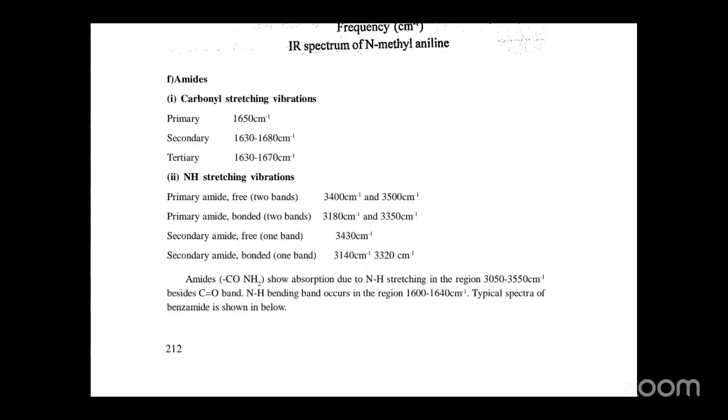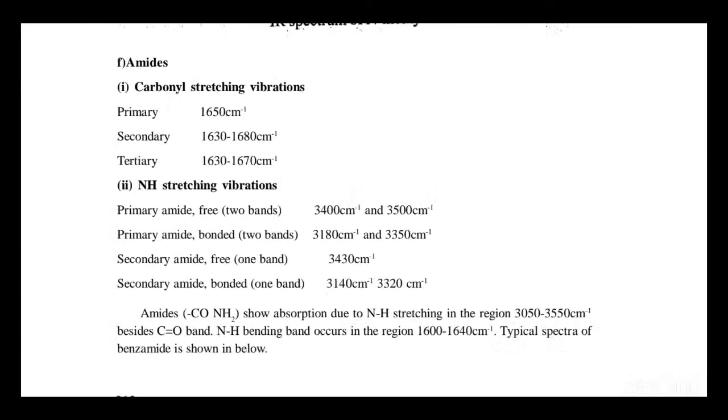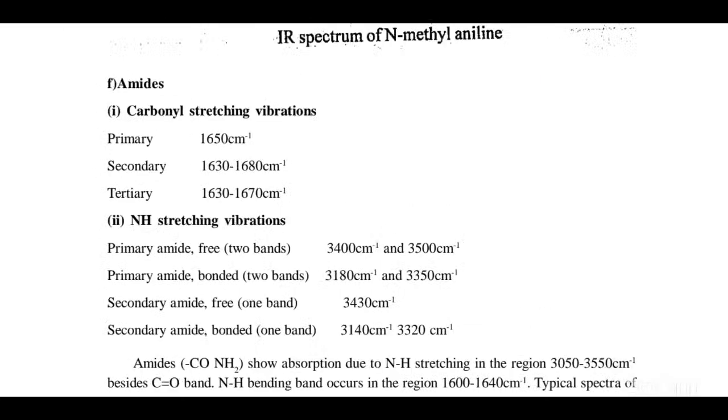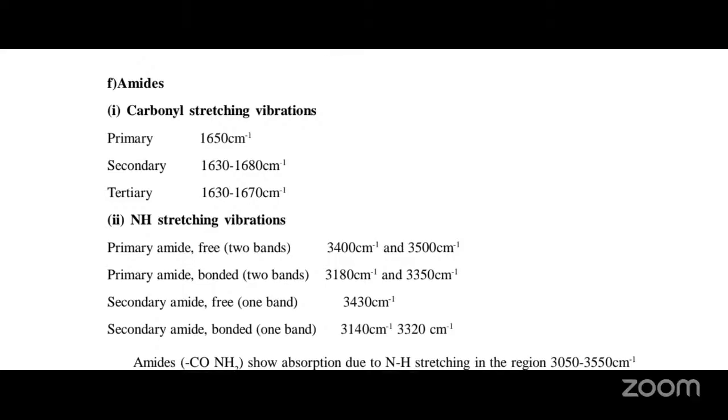And amides. For the amides, we can classify them into three types: primary amide, secondary, and tertiary. In the amide, we have the C double bond O and NH.